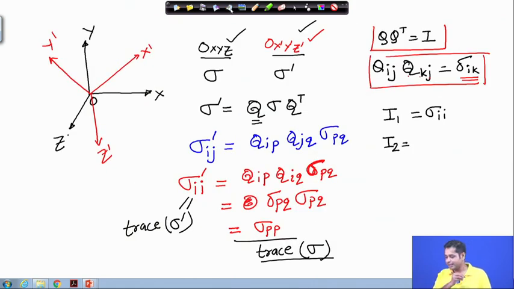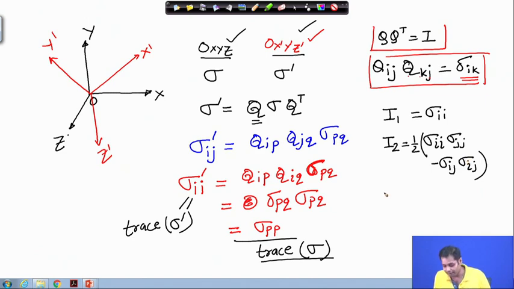Now, this can be written in indicial form as half of sigma_ii sigma_jj minus sigma_ij sigma_ji, and since it is symmetric, you can write sigma_ij sigma_ij. This is the second invariant of the stress matrix.